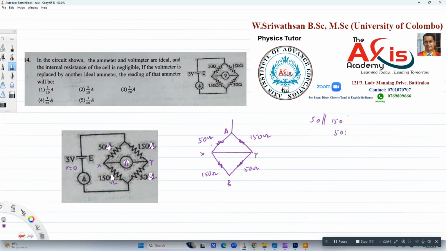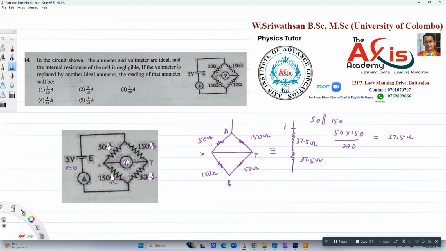Multiplication 50 into 150 over summation 200, so that will be 150 over 4, so 37.5. So in the upper part we can assume a resistance of 37.5 ohm is there. Like that, in the lower part also 37.5 ohm is there.